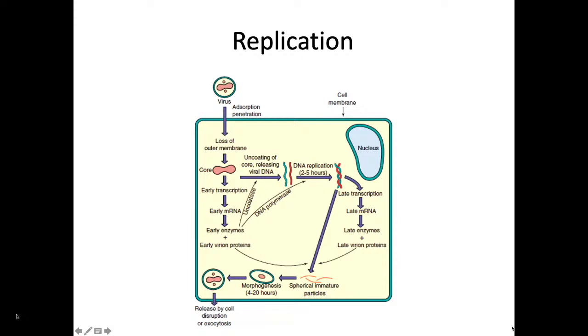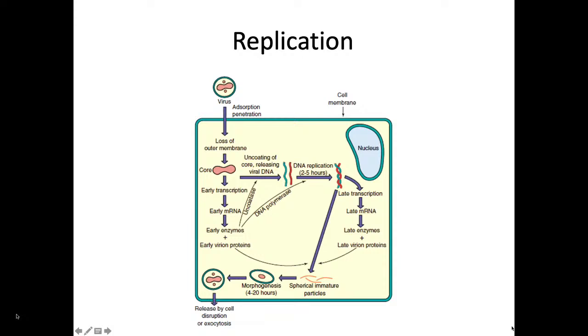The core consists of these components, and you know that DNA viruses have early and late stages of gene expression, transcription, and translation. In early transcription, the virus synthesizes early messenger RNA, early enzymes, and early virion proteins.